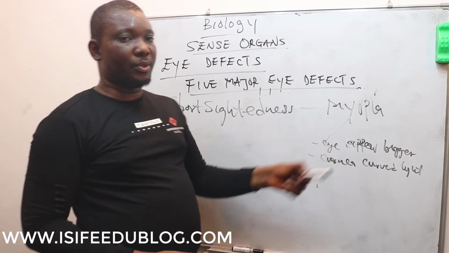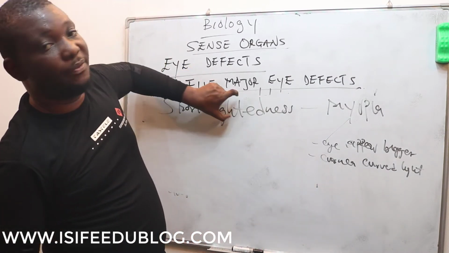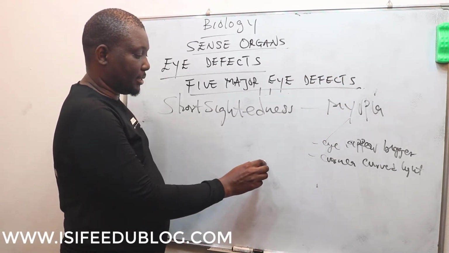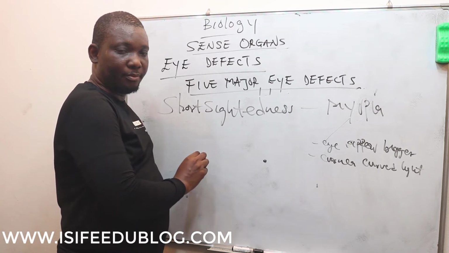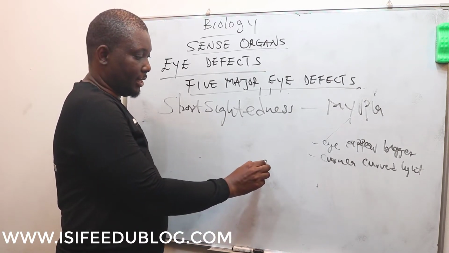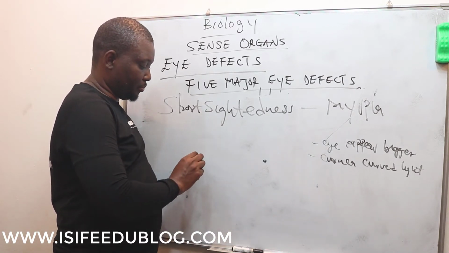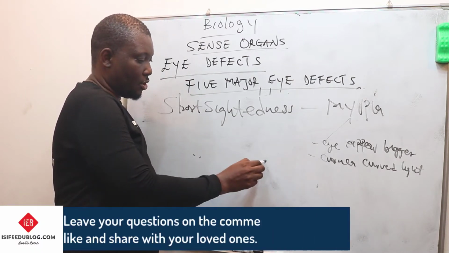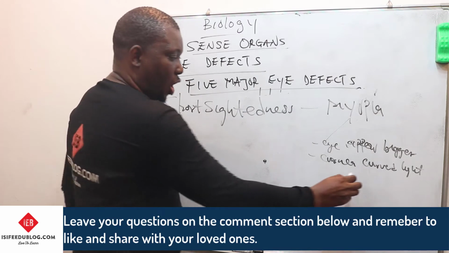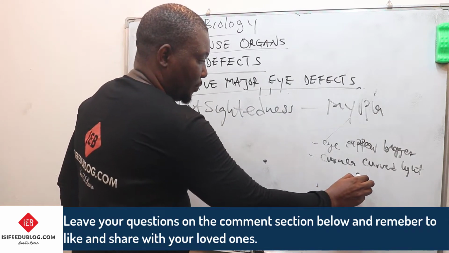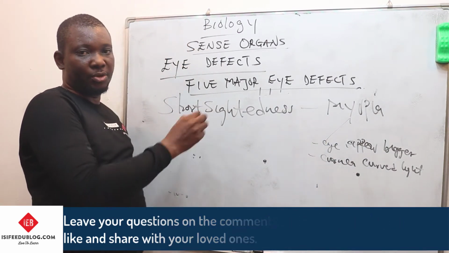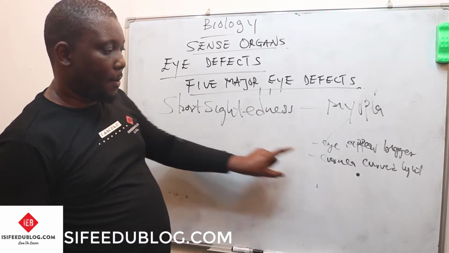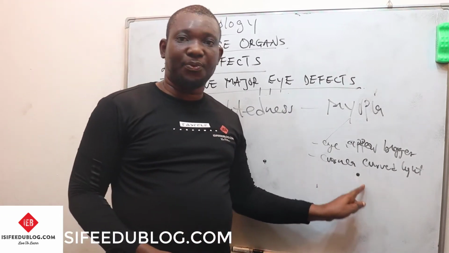And if that happens, that means this individual that is myopic can only see objects near to him. Objects near can focus on the retina, but objects far focus before the retina. That means this individual can only see objects near but cannot see objects far.